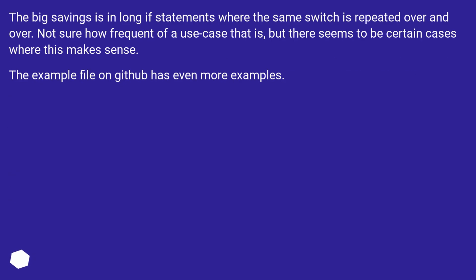The big savings is in long if statements where the same switch is repeated over and over. Not sure how frequent of a use case that is, but there seems to be certain cases where this makes sense.